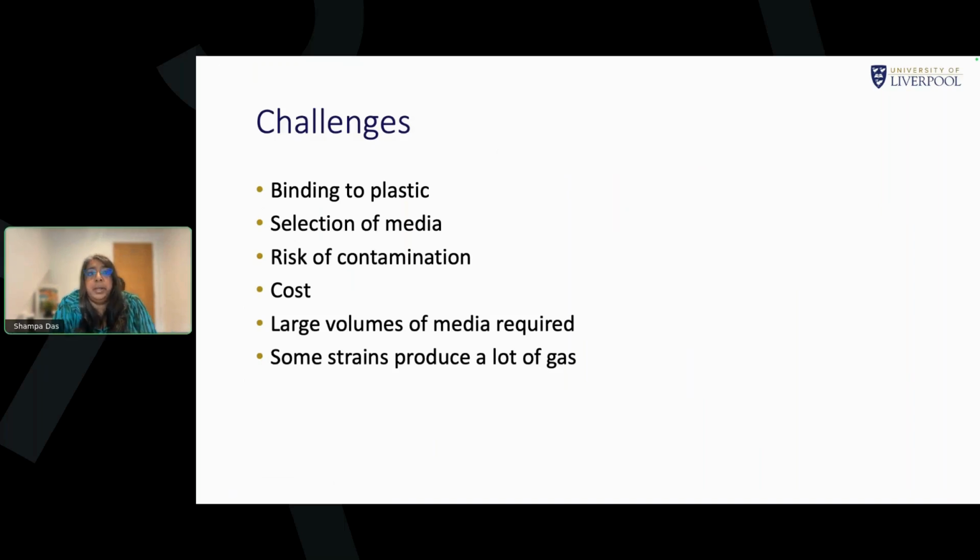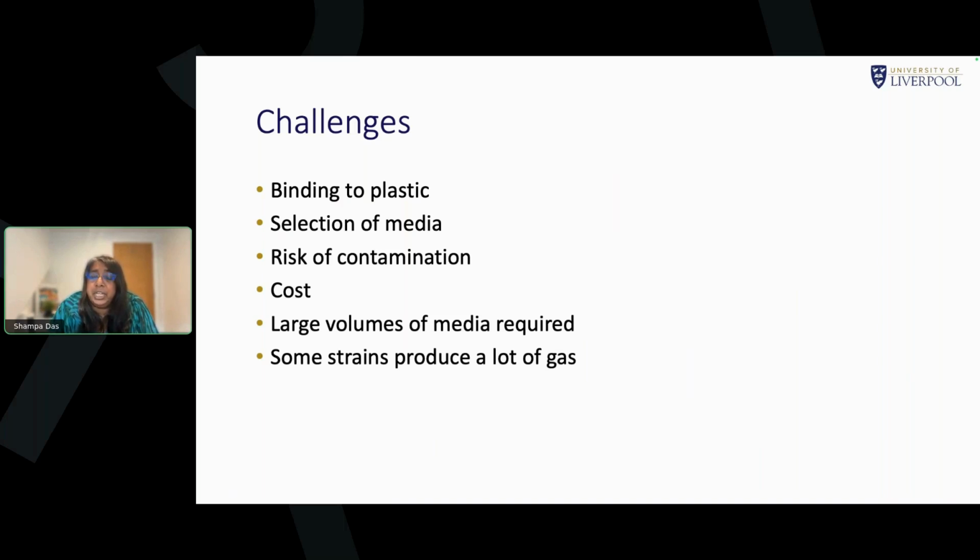So going on to the challenges, as well as selection of media, there are problems with the hollow fiber system. Sometimes you have sticky compounds that bind quite well to plastic that you have to overcome. There's a real risk of contamination in these models, especially with the long duration of the models. Once you get small contamination, your whole experimental system can go down and you have to start again. And that can happen more easily than in an animal model.